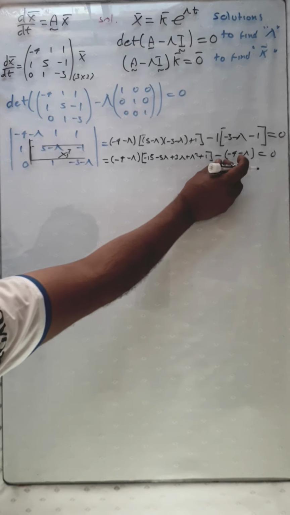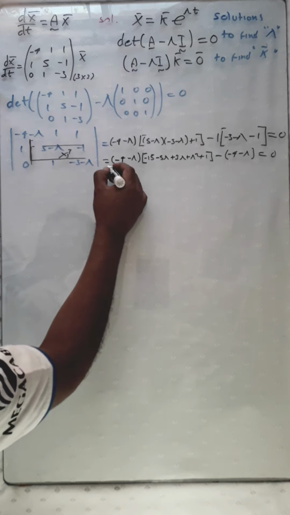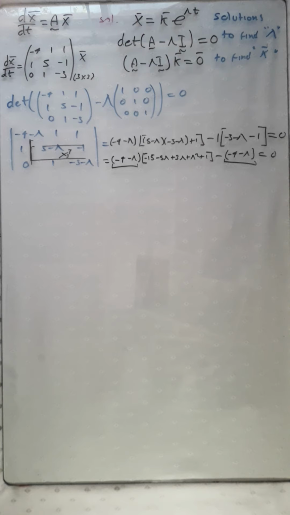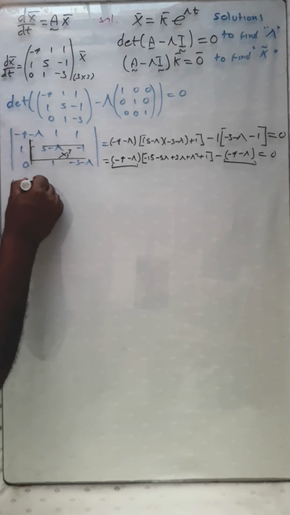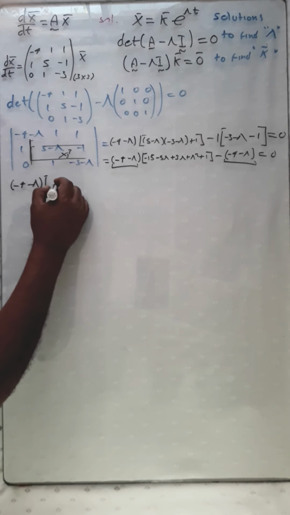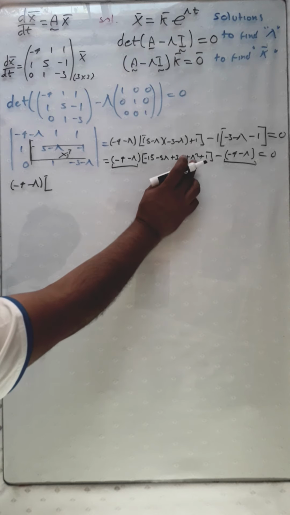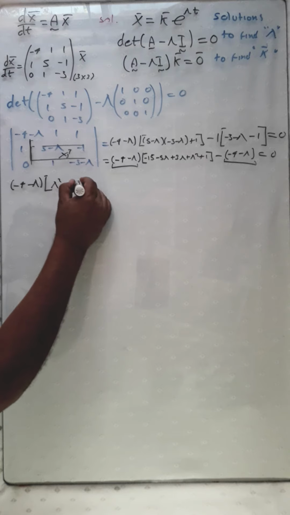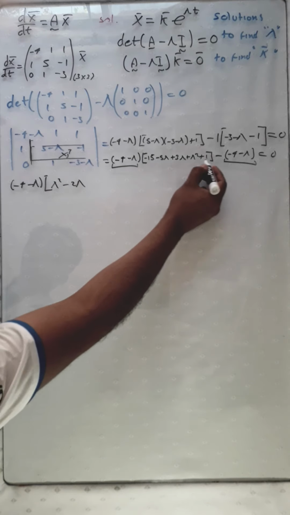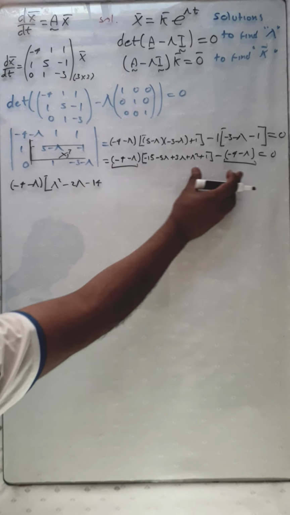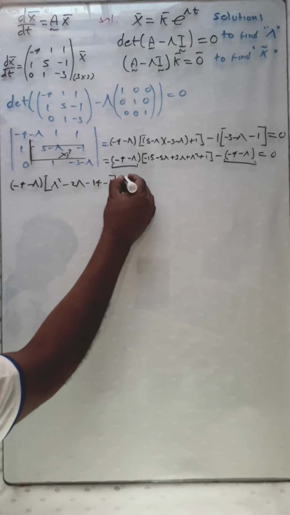Now, usually this minus and minus would cancel, but check that this is the same as this one, so we can do a factorization. What will be the factorization? Minus 4 minus lambda times this number. Let's write first the lambda squared, and then minus 2 lambda, and then minus 15 and 1, minus 14. And now, because you factorize this number, then minus 1 equal to 0.